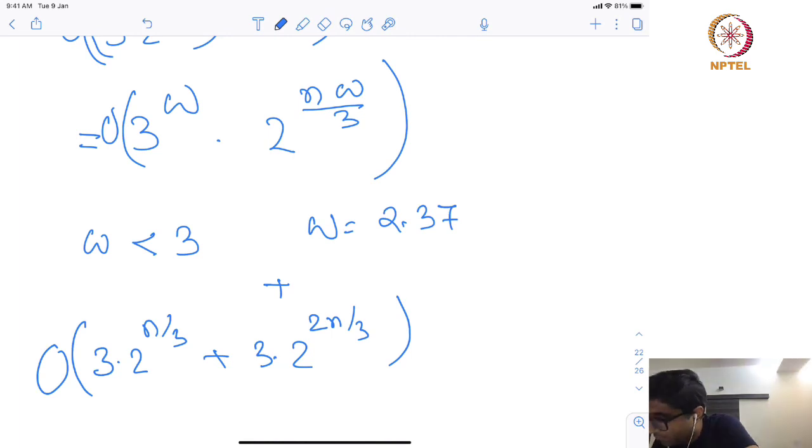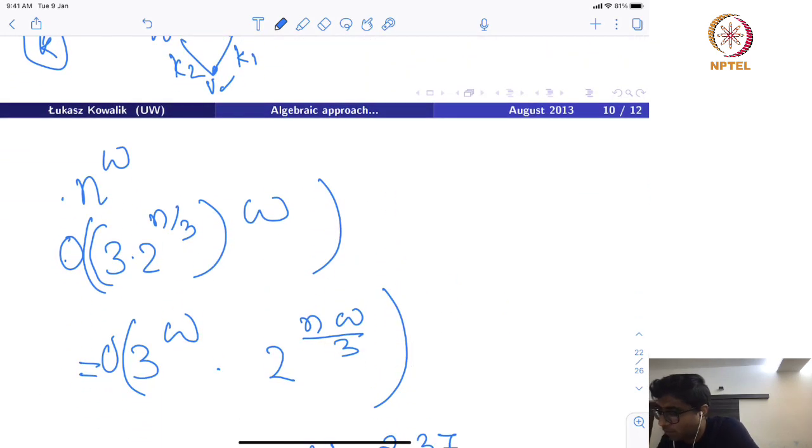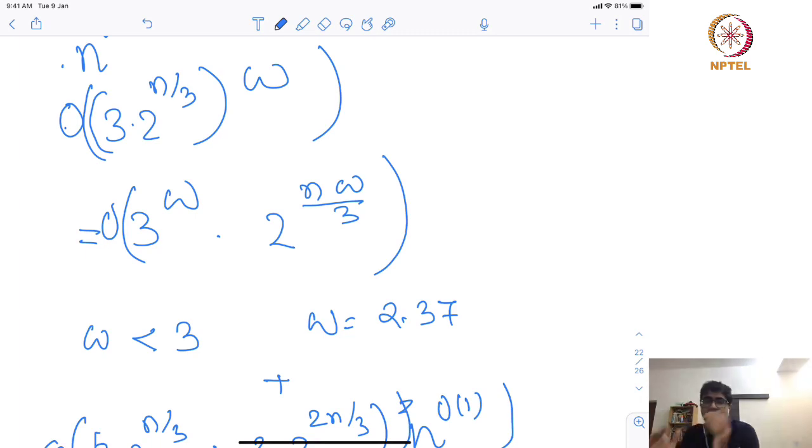Of course, you also will have some polynomial factor to take care of K, but the total running time boils down to constructing this graph and then running the matrix multiplication algorithm on this. And this can be done very efficiently, as we have seen.